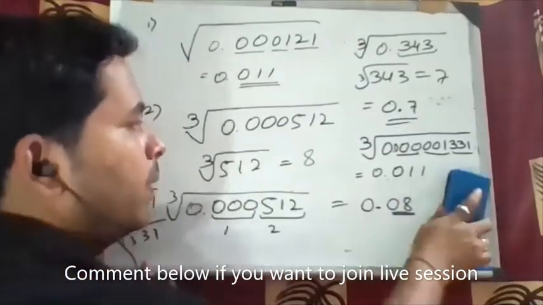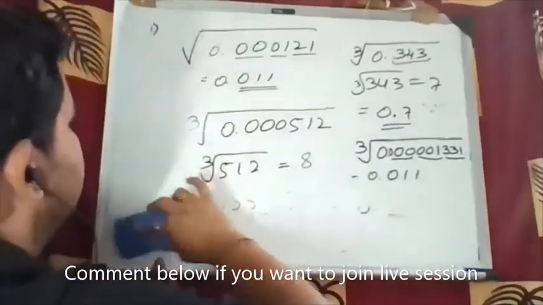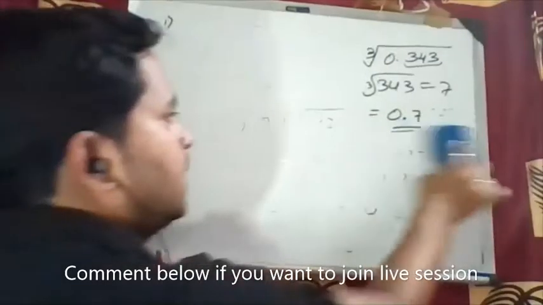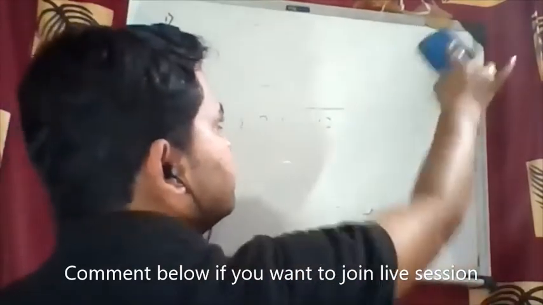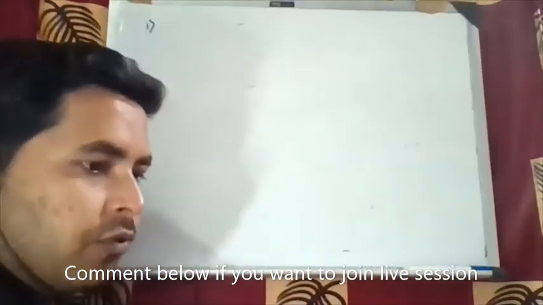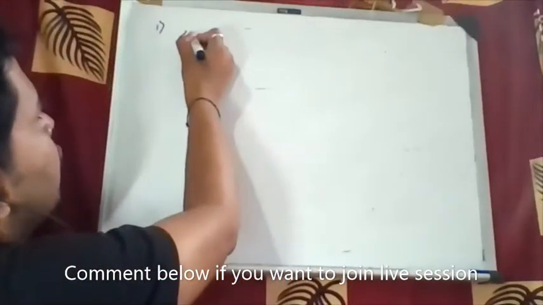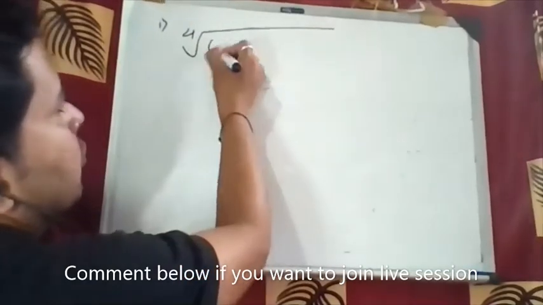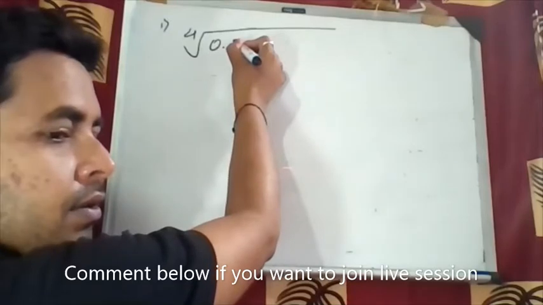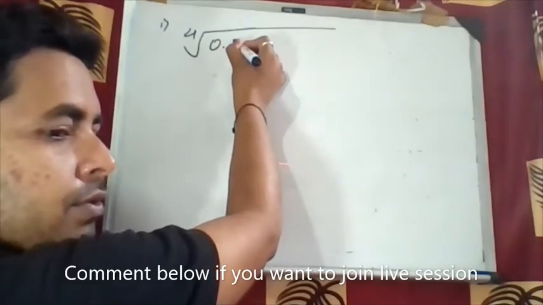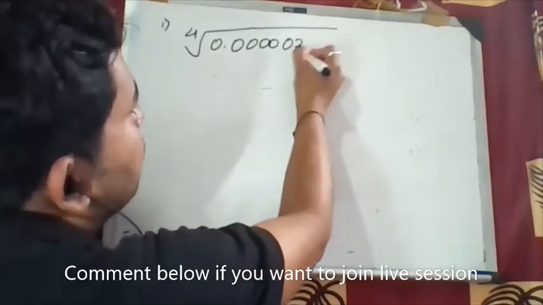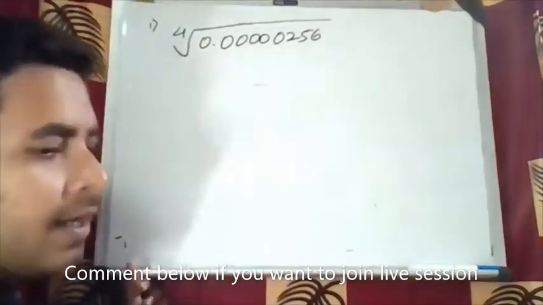Now we'll go with the next one, the 4th root. The 4th root of 0.0000 0256, zeros 1 2 3 4 and 0 2 5 6. So what to do here?